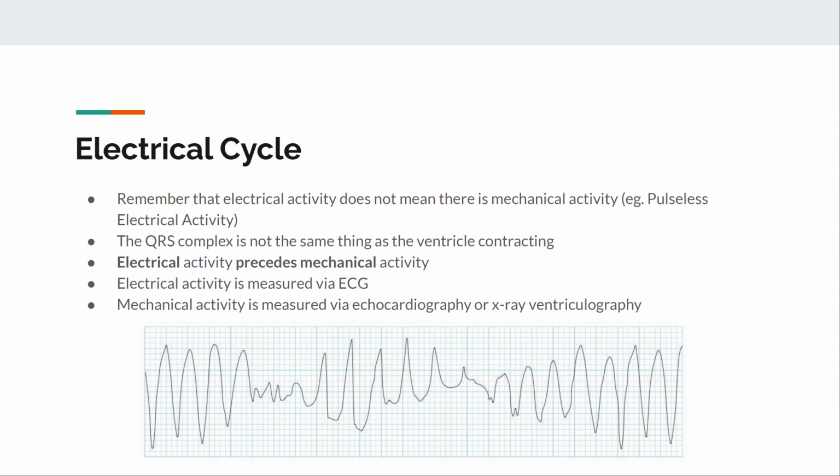It's just the electrical activity which will cause ventricular contraction. It comes before the mechanical activity, and that electrical activity is measured on an ECG, while mechanical contraction of the heart is measured via echo or other modalities.